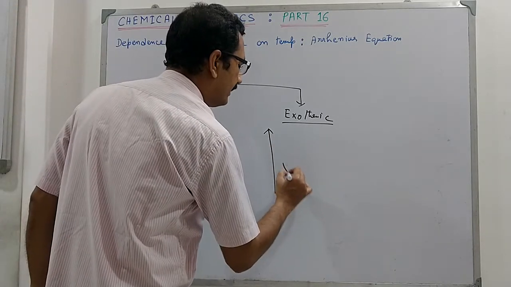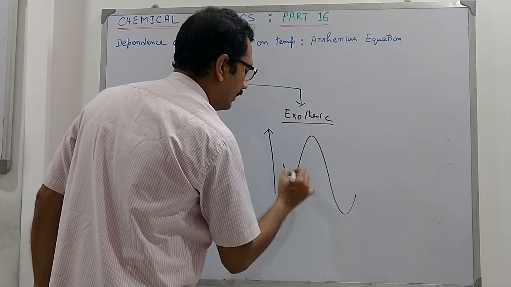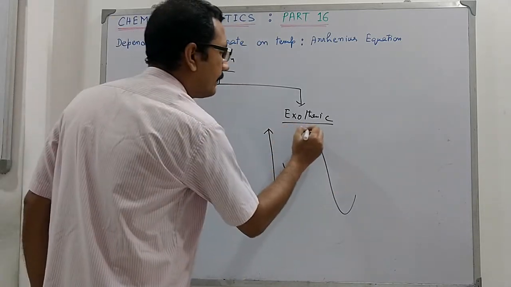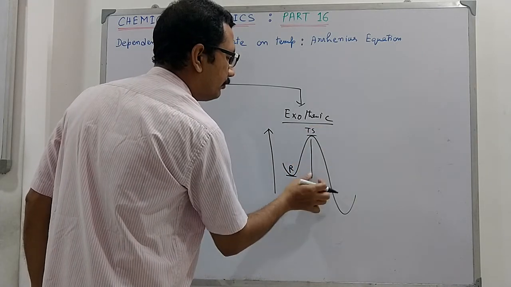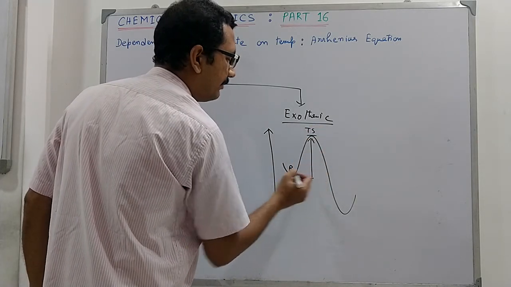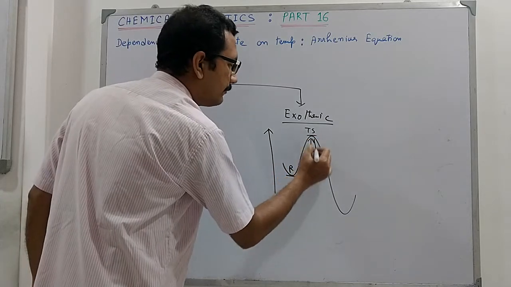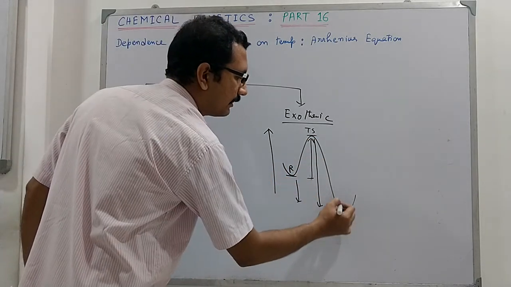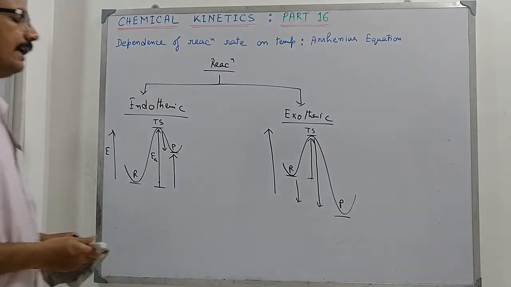Now in case of exothermic reaction, you have reactant here, you have transition state here. Now here you have to provide this amount of energy to cross the barrier. Now when product is formed, you get this amount of energy. So overall you will get this amount of energy. So this is exothermic reaction.